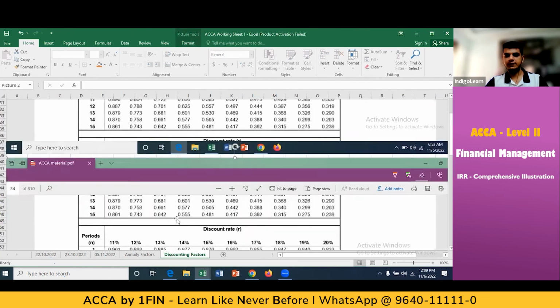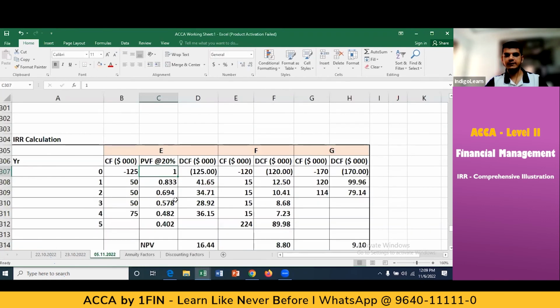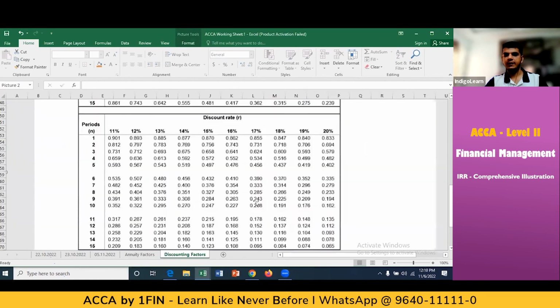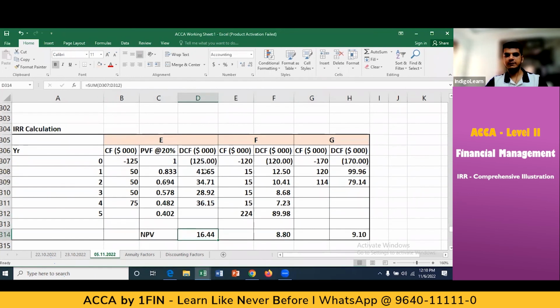So for 20, it comes to 0.833, 0.694, 0.579, and 0.482, 0.402. Then discounted cash flows, just multiplying the discounting factor with the cash flow. Same for F and G. If I sum up, I'll get the NPV.